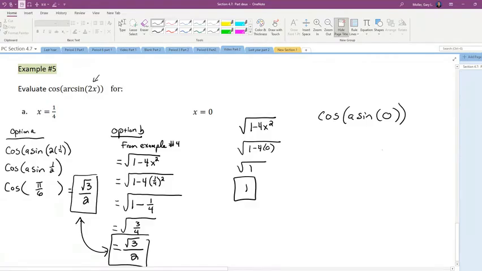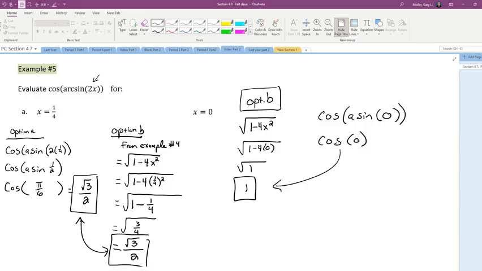And the arcsine of 0 is asking what angle has a sine of 0, and that answer is 0. So now it's saying what is the cosine of 0, which we know is 1. So option B, as long as we already did that algebra, you can see we can get the answer just by doing algebra. Option A, had you not just previously done that, then yeah, we would do option A instead.